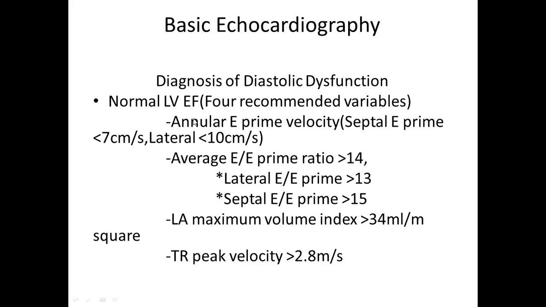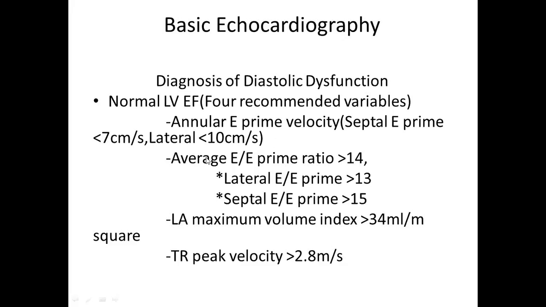So the first thing you're going to use, so all you need to do is look at 4 variables. So you look at the mitral annular velocity, E prime. Okay? For septal, less than 7, lateral less than 10. Then you look at the ratio.